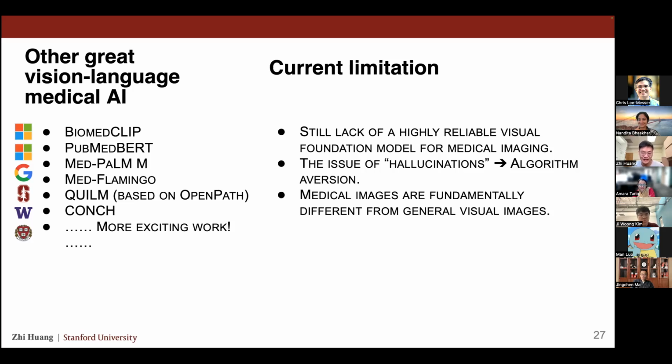So if we're not solving autonomous driving, medical AI has even further to go. Think about it: an adult can easily learn how to drive a car in 17 hours, but a medical student needs 8 years to become a clinician. That's a whole different level of difficulty in medical imaging and medical AI. So we are still facing limitations and still working on that. Hopefully the future is brighter and more promising.